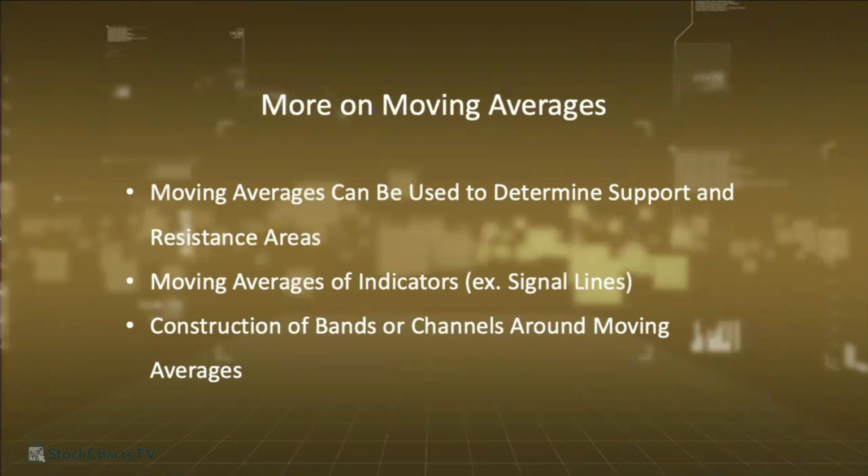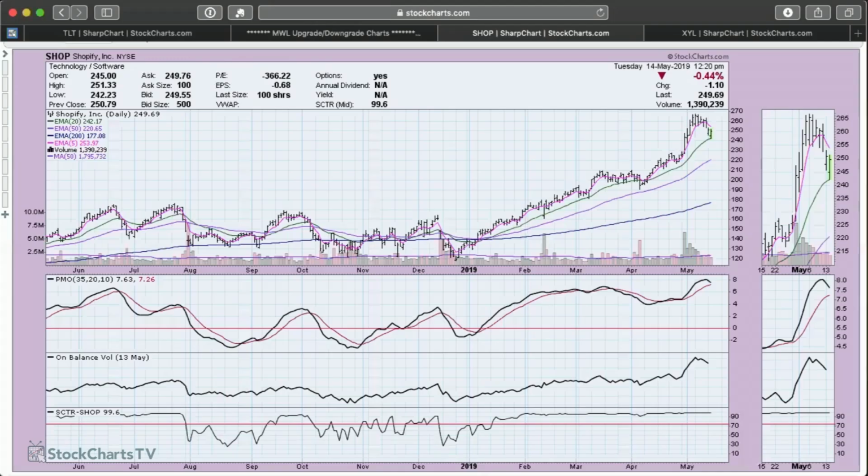I especially do with DecisionPoint, because our trend models are simply crossovers of different moving averages, and then we label them depending on which direction they're going and what side of other EMAs they're on, but I'll talk about that in just a moment. You can also use the Bollinger Bands and construct channels around your moving averages. I'll just go over and show you really quickly what that might look like.